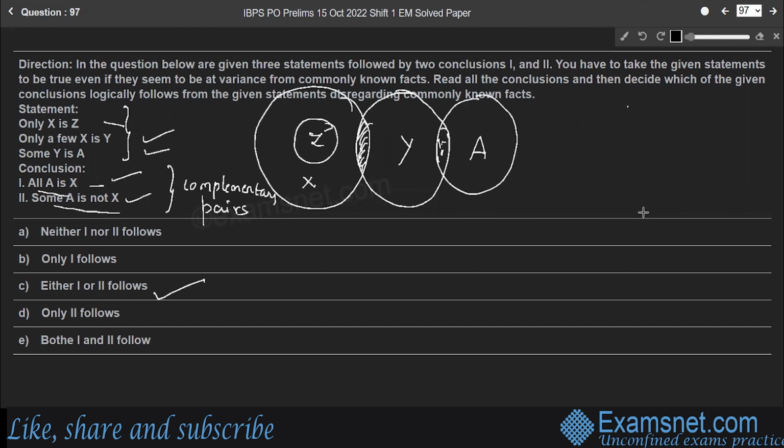That means if all A is X is true, then some A is not X will be false. If some A is not X is true, all A is X will be false. Right? Therefore, again, a complementary pair of conclusions. Hence, option C is the right answer.